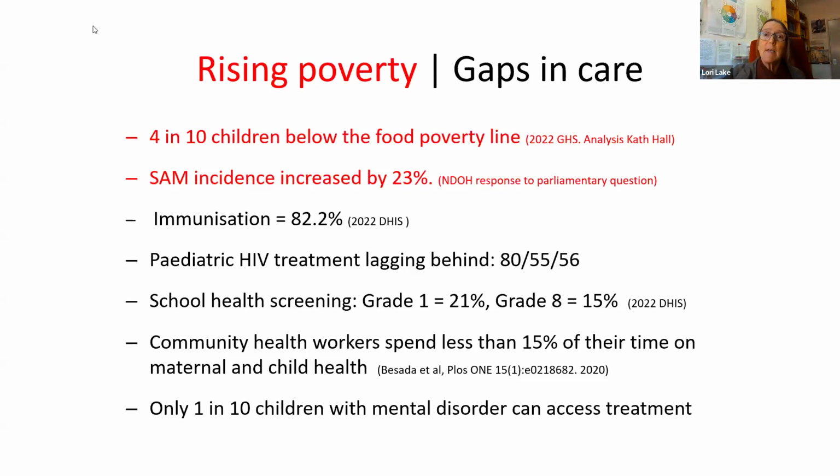It's perhaps not surprising that we've therefore seen a 23% increase in the incidence of SAM between 2018 and 2022. But at the same time, of equal concern are the gaps that are emerging within the fabric of essential child health services.